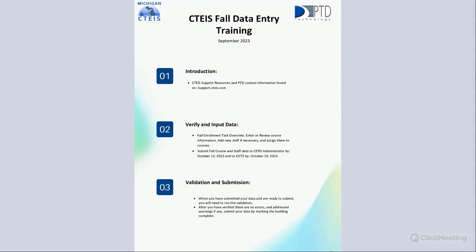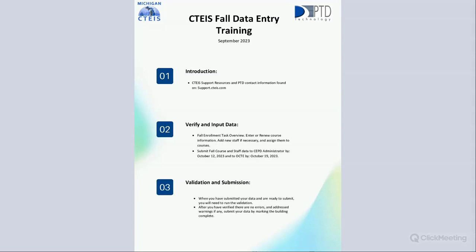You submit the fall course and staff information to your CPIT administrator by October 12th, and then to OCTE by October 19th. This is the first collection that we're coming up on, and that's the information that we're going to cover as far as verifying and inputting your data.